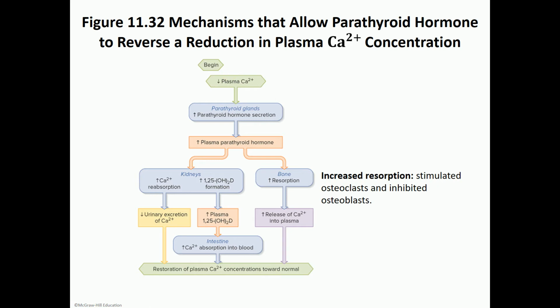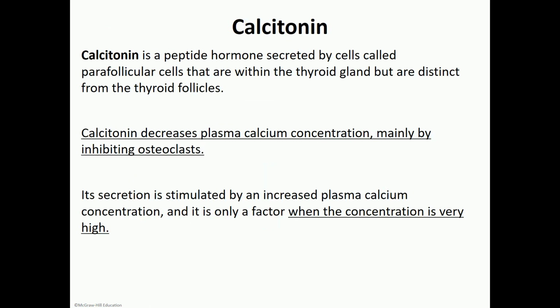Now, calcitonin is a peptide hormone that is made by the parafollicular cells of the thyroid gland. So again, go back to the thyroid gland. We mentioned we had follicular cells that make T3, T4, and we had parafollicular cells that secrete calcitonin. Calcitonin is going to decrease plasma calcium concentration mainly by inhibiting osteoclasts.